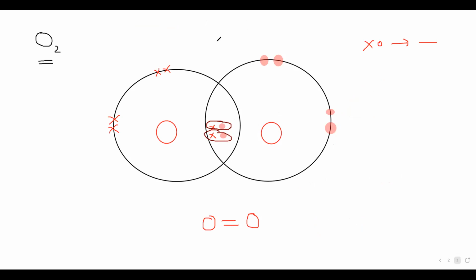Another example, if we want to draw the structure of nitrogen, which is N2. Nitrogen N2 means we will draw two nitrogen atoms. Then we'll check the group number using the periodic table.